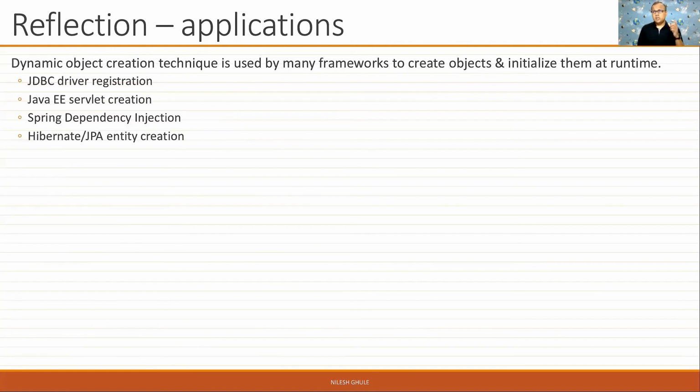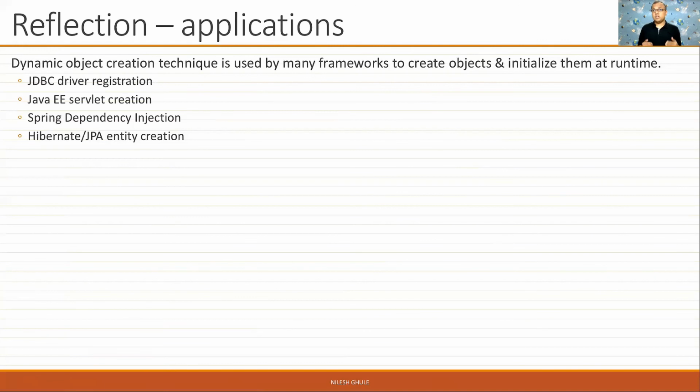Typically, a Java servlet's web.xml file contains the name of the servlet, and its object is created at runtime whenever the first request is made to that servlet. So how exactly is the web server creating the object of a Java class at runtime? The answer is, it internally uses the reflection technique: Class.forName to load the servlet class and Class.newInstance to create the object.